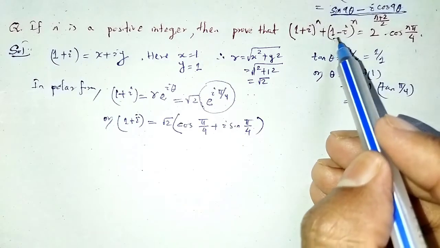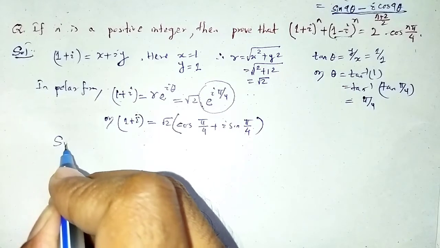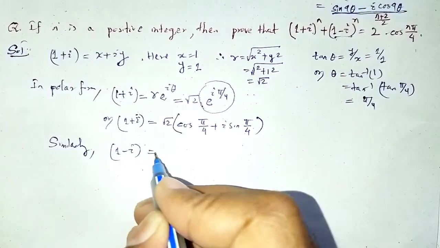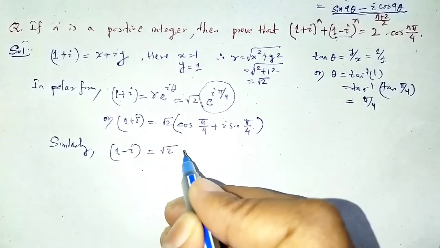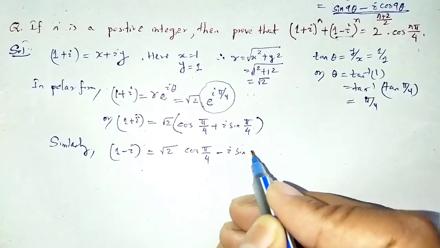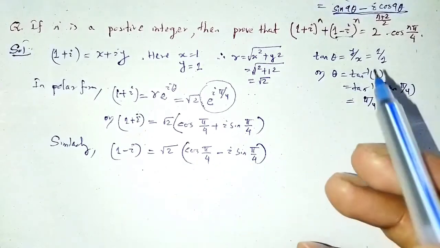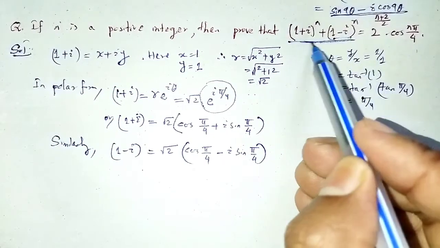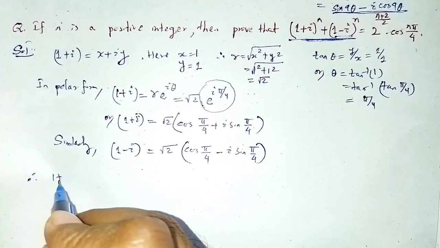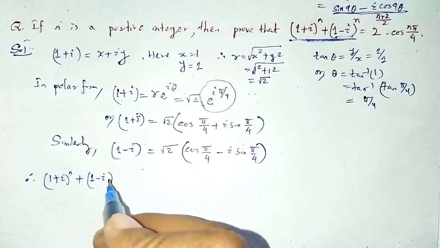Similarly, 1 minus i can be expanded in that form. 1 minus i is written as root 2 (cos pi by 4 minus i sin pi by 4). Now we have to evaluate that expression. Therefore, (1 plus i) to the power n plus (1 minus i) to the power n.